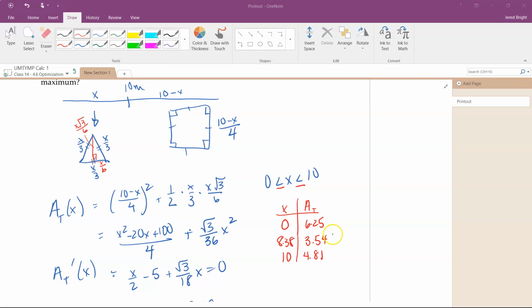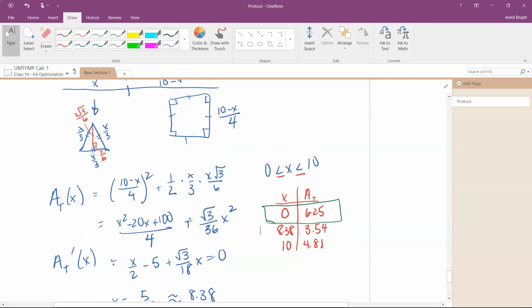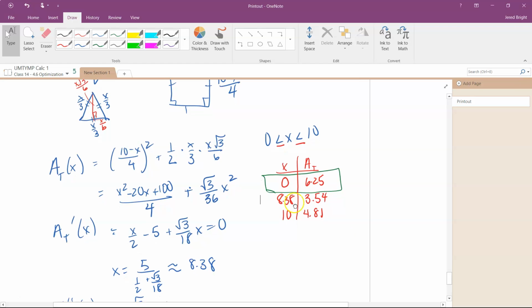So then, based on this, we can say if we were allowed not to cut, which is the correct answer in this case. So the answer is do not make any cuts, because if we do not cut, then we should take the entire wire and just make a square. Okay, because we do get the maximal area occurring when we have a square instead of trying an intermediate cut or using the whole thing for a triangle.